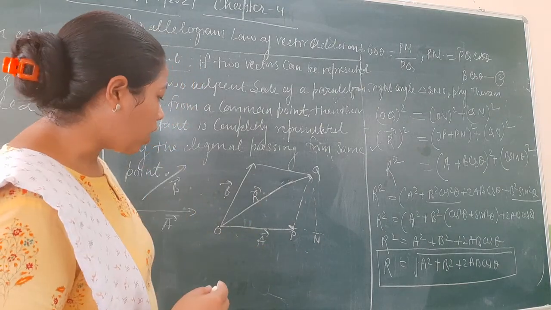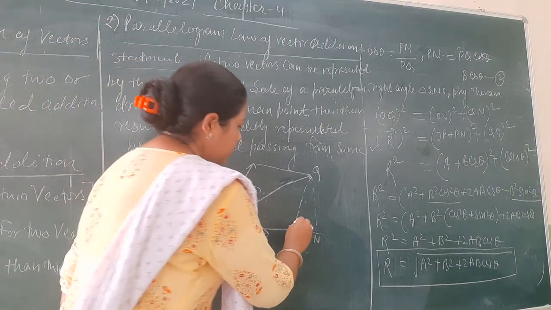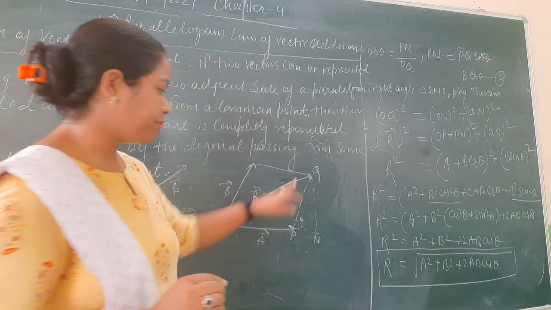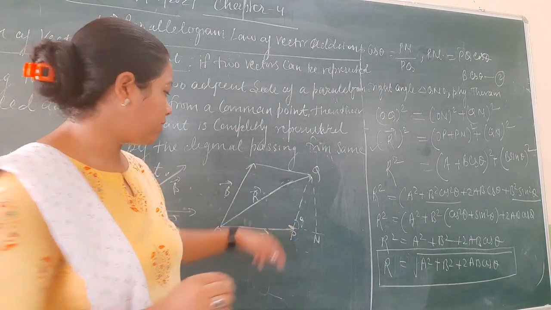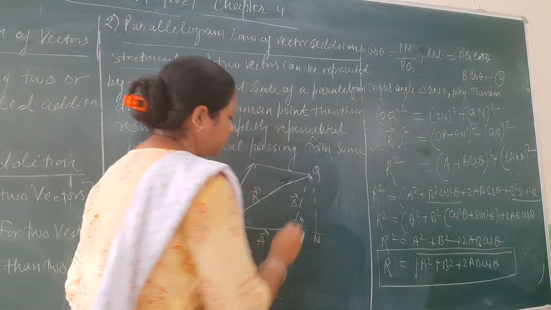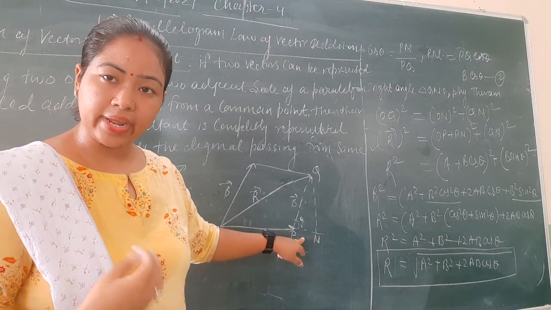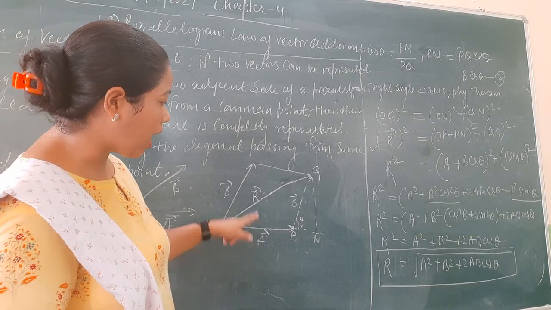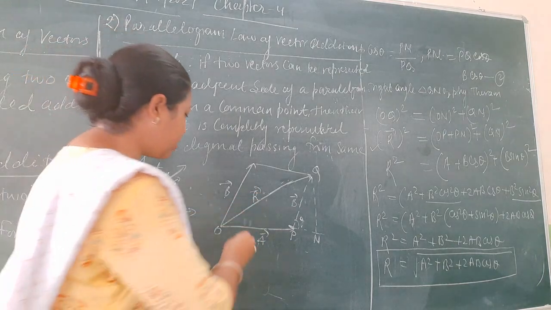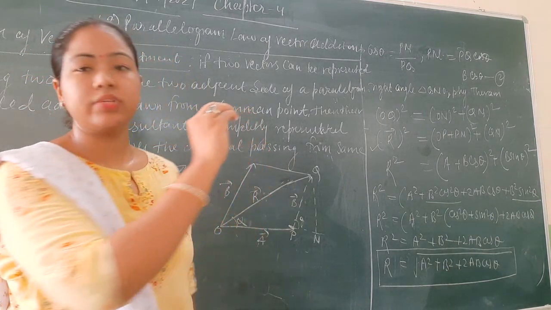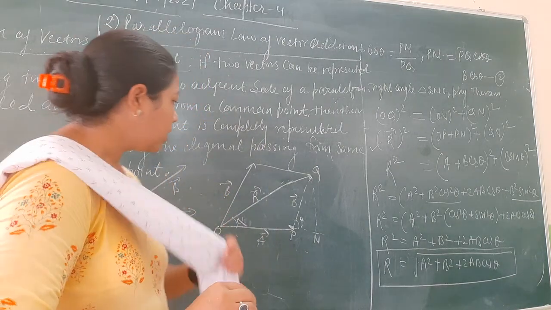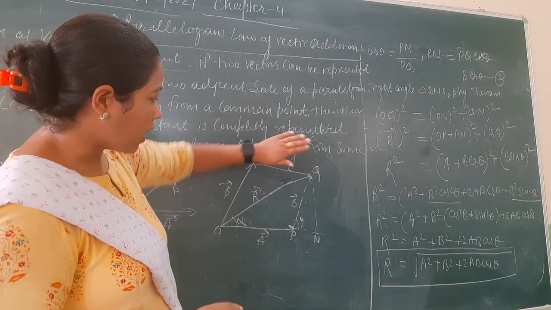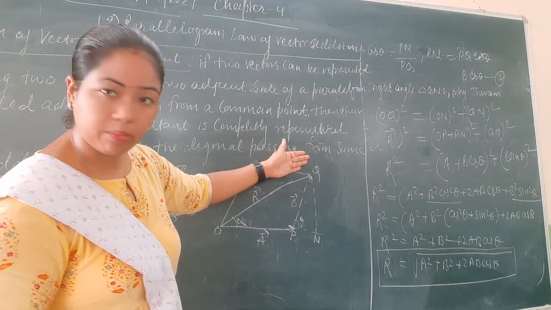Now this angle theta is in between vector A and vector B, so that will be taken to calculate the magnitude. Now this other angle, between R and A, will give us the value of the direction of R, right?